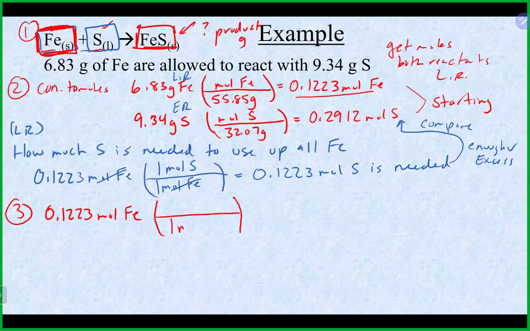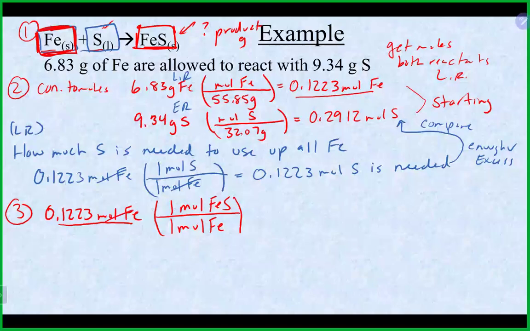And I could take 1 mole of iron, based on the equation, will now give me 1 mole of my product. And once again, I am starting with the starting amount of my limiting reagent. So that's really important here. That is going to cancel out the moles, and I'm going to end up with 0.1223 moles of iron sulfide.